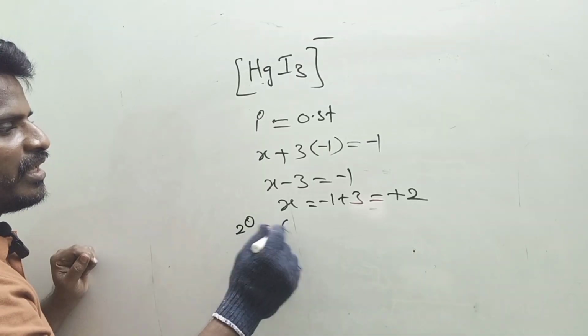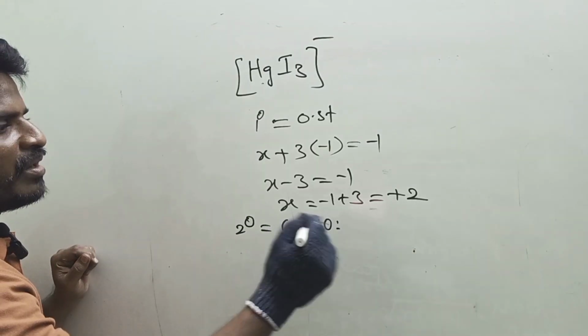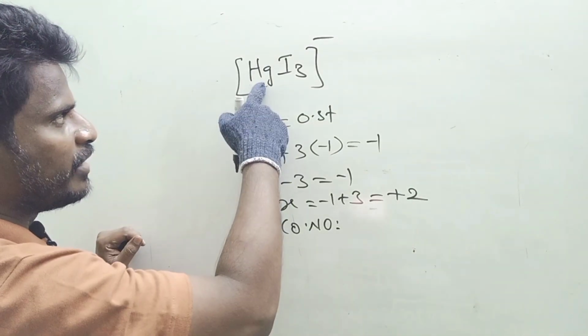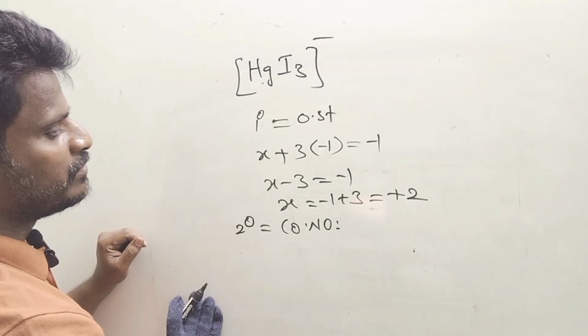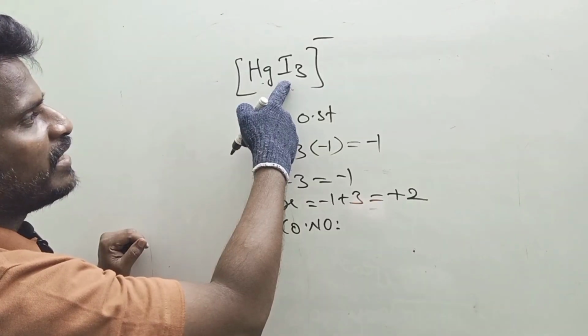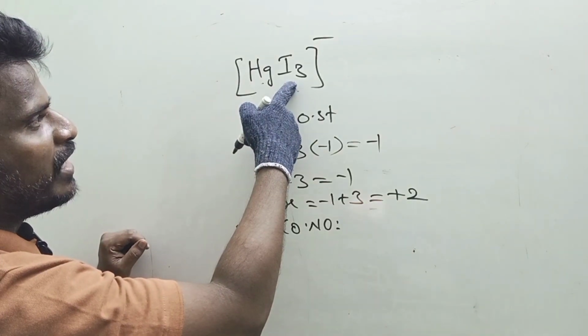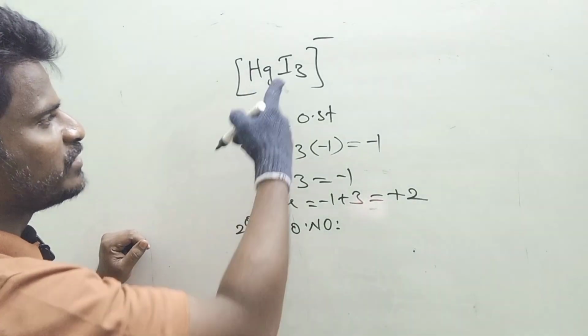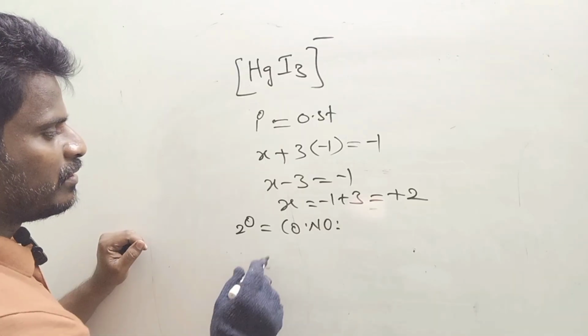Secondary valency is the coordination number, that is the number of bonds taken by mercury in this complex. Here iodide acts as a ligand. Each iodide takes one bond to the mercury, and it is monodentate.